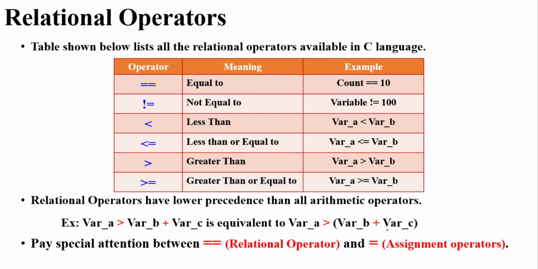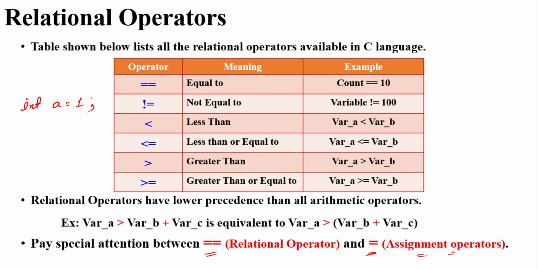Now, one more thing that you have to keep in mind is that most students or most people get confused between these two operators. The double equal to operator is a relational operator, whereas a single equal to sign is an assignment operator to assign a value to a variable. Previously we have seen some programs where we have assigned values to variables like int a equal to 1.